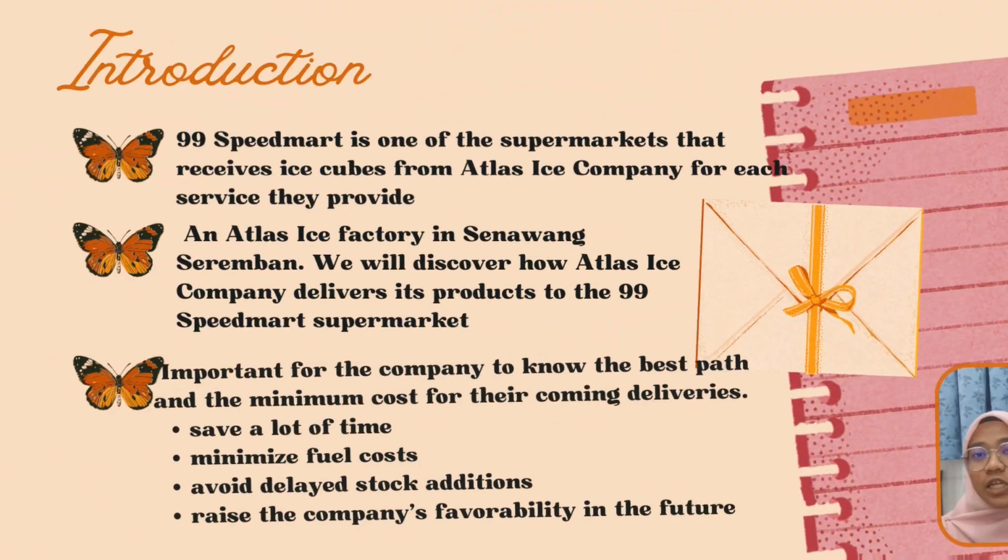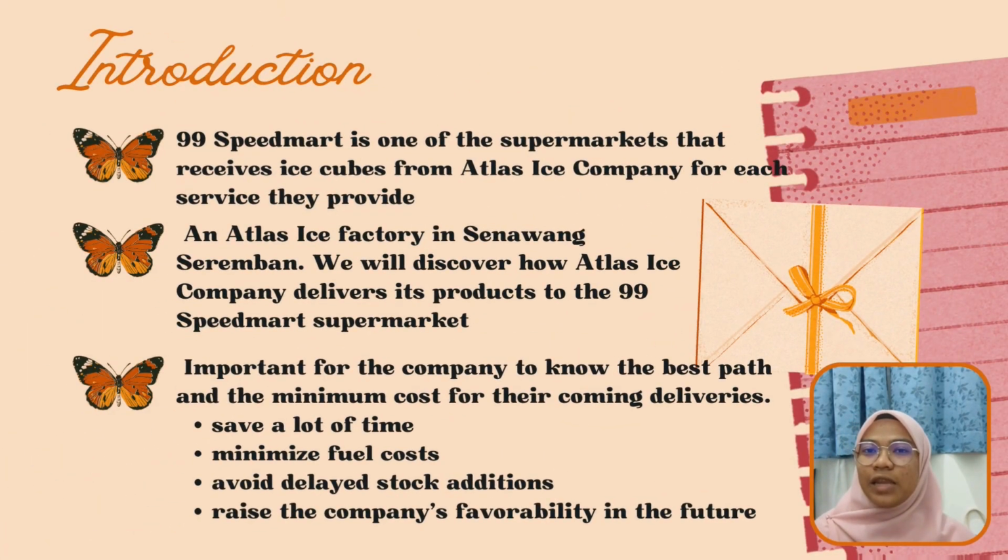I will explain the introduction. 99 Speedmart is one of the supermarkets that receive ice cubes from Atlas Ice Company for each service they provide. An Atlas Ice Factory is located in Senawang, Seremban. Now, we will discover how Atlas Ice Company delivers its product to the 19 branches of the 99 Speedmart supermarket using the optimal path.